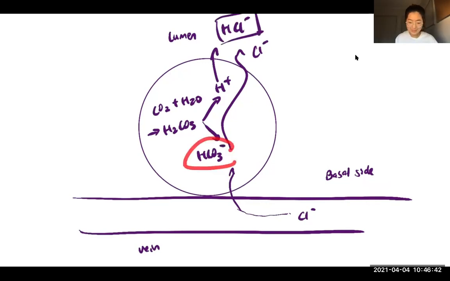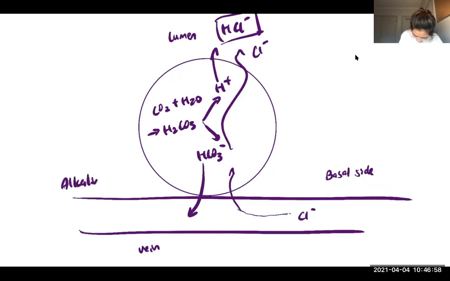So then what happens to your HCO3 minus? Well, that then passes out into the blood. And this is why we say there's an alkaline tide that passes through. What that means is because you've got a lot of HCO3 minus being formed, that all passes through into the bloodstream.